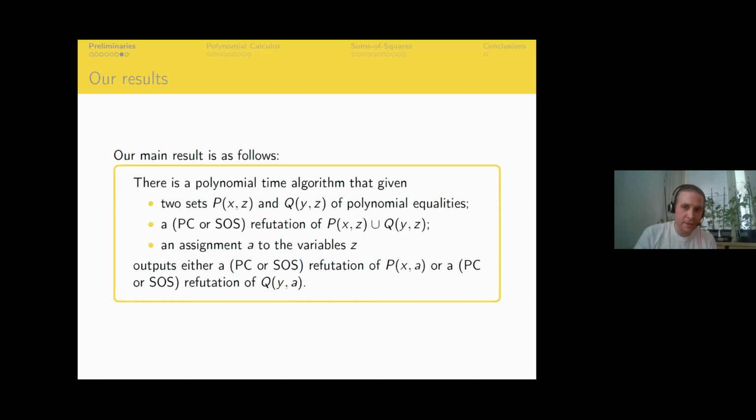What I'm saying is that if both of these sides are unsatisfiable after applying this assignment a to the z variables, then hitting this with some restriction to the y's does not necessarily give a refutation of the other side, because you are left with non-zero constant polynomials.